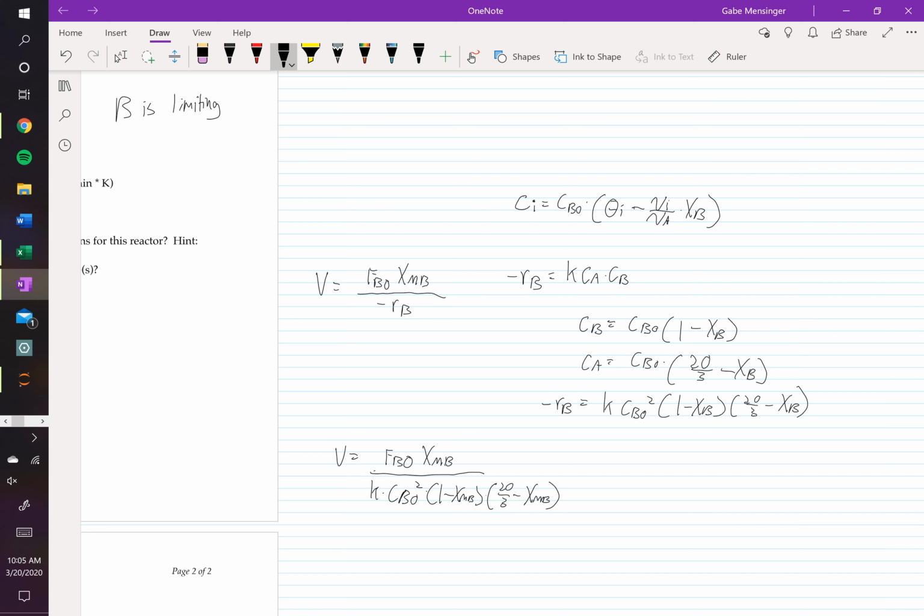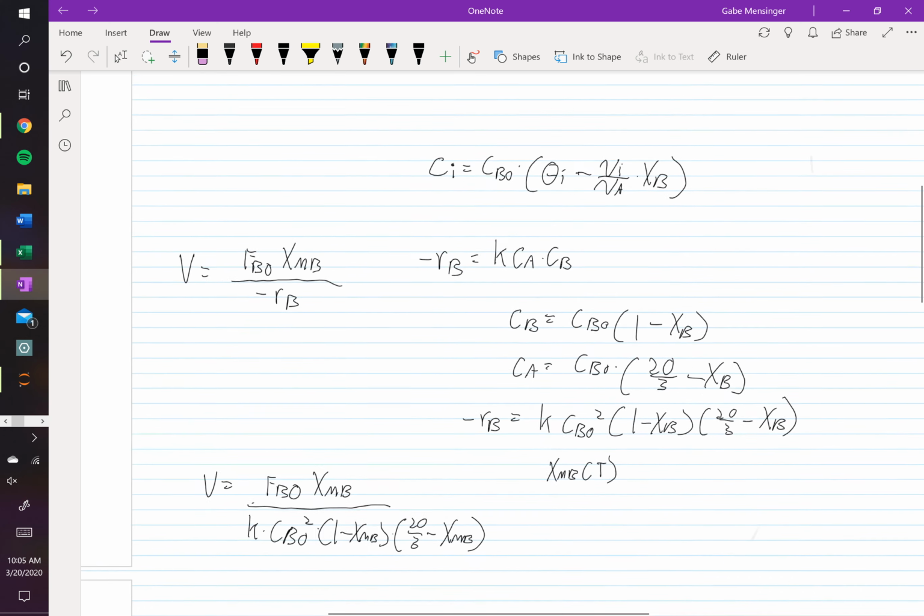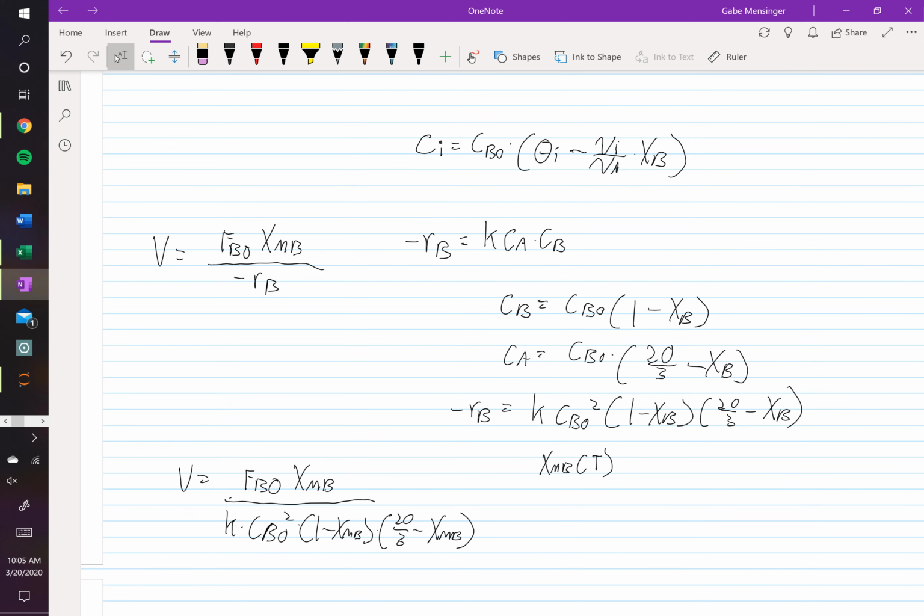And remember that we're trying to get x as a function of temperature. So we have to include temperature considerations for this. And from what we're seeing here, the only term that's going to be in terms of temperature is our reaction rate constant K. Zoom in so it's not so awkward for me.